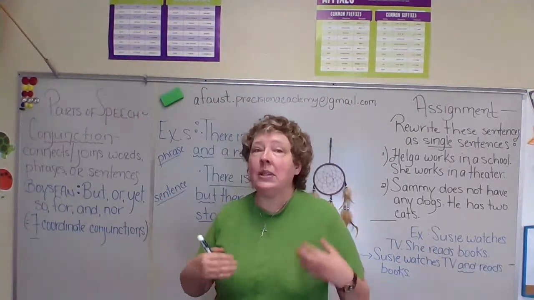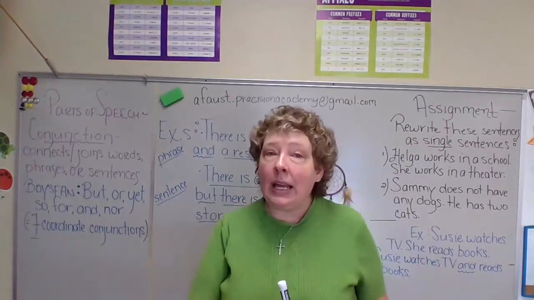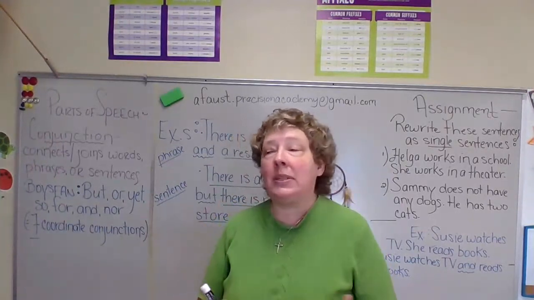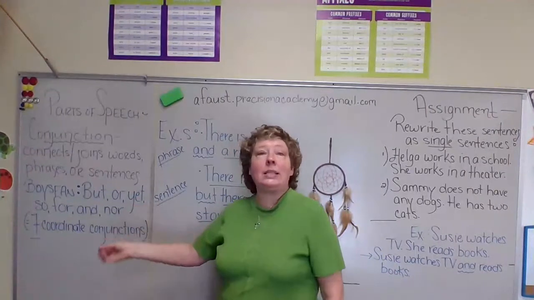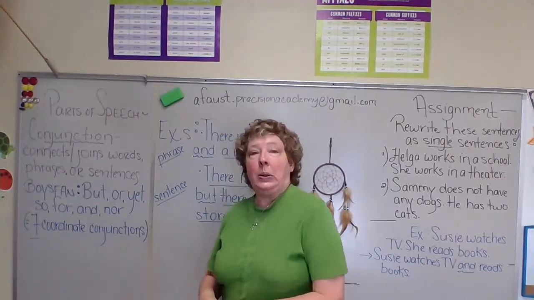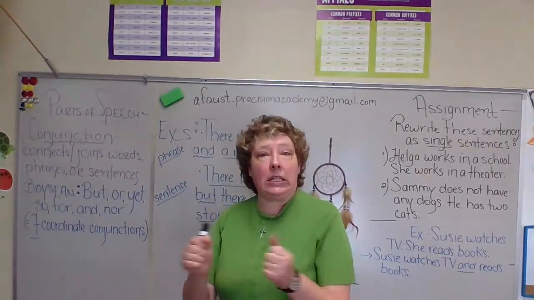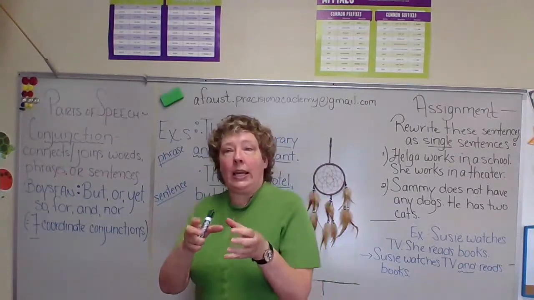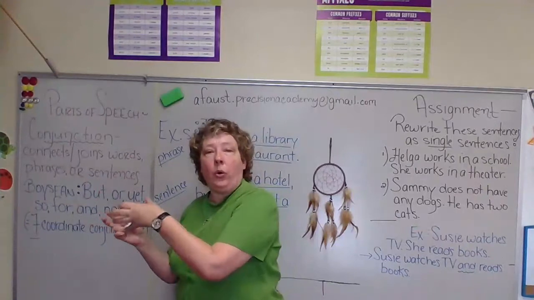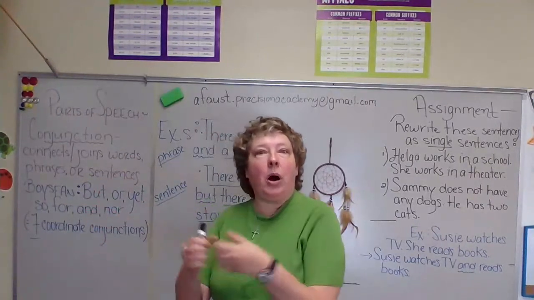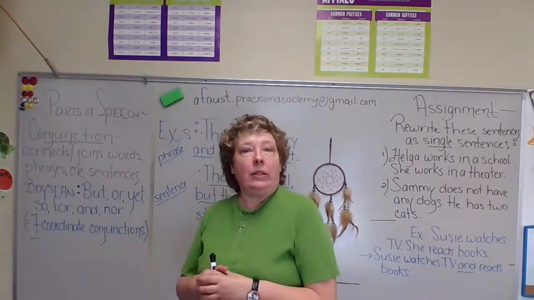Again, there are other types of conjunctions that may connect, they may not. They have various jobs. We're going to focus more or less on the connector ones. Okay? So connect. When I say connector, I'm talking about connect. They take one word and they connect it with another word so that they don't fall apart. Okay?